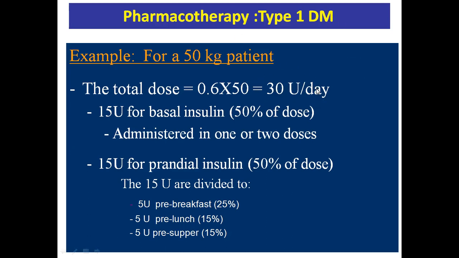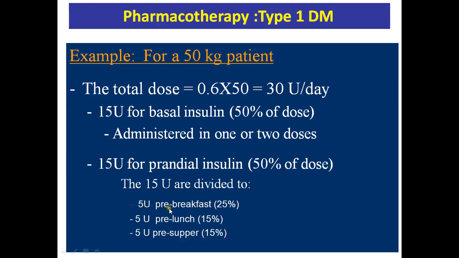So 50%, like 15 units, should be basal, which can be administered as 1 or 2 doses. When you give 1 dose, you give the full dose together, or you can divide this 15 in half and give 2 doses. And you have prandial, 15 units for the meals, and you divide it into 3 equal doses.